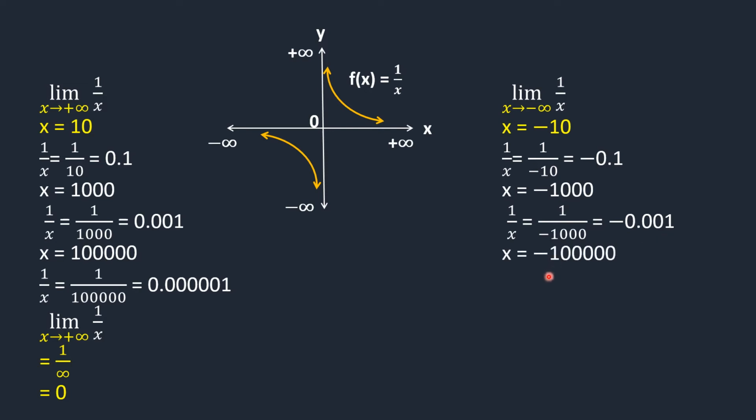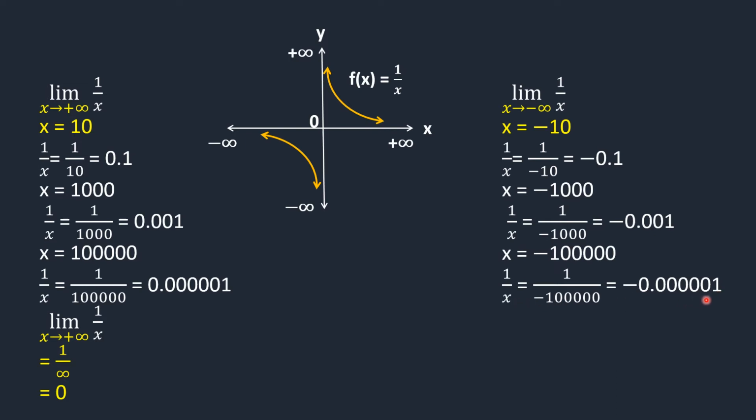If we still reduce the value of x and assume x equals minus 100,000, then 1 over minus 100,000 will be minus 0.00001.